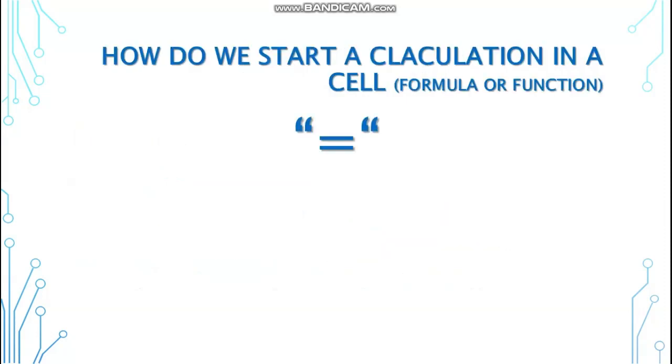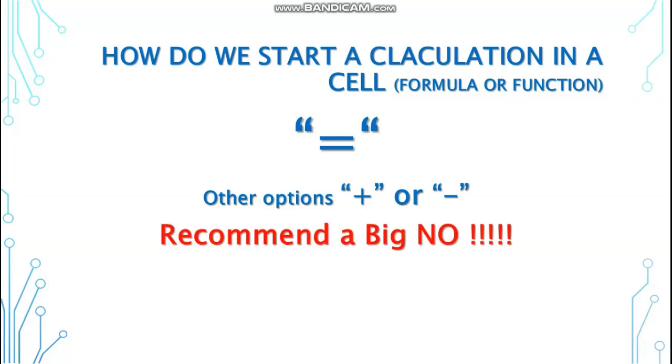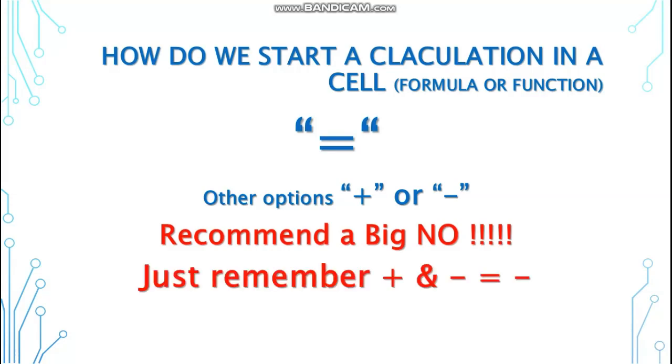The next is, how do we start a calculation in an Excel cell? We all know it's an equal to symbol. Some of us might also be aware of plus or minus, but I recommend a big no for using plus or minus. It is not a wrong thing, there's nothing technical wrong, but it is a little confusing because you go back to your basics: plus and minus becomes minus, minus and minus becomes plus.